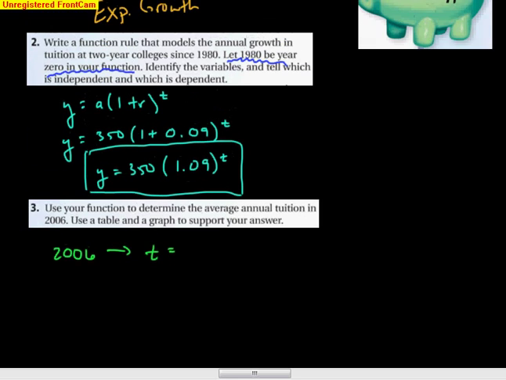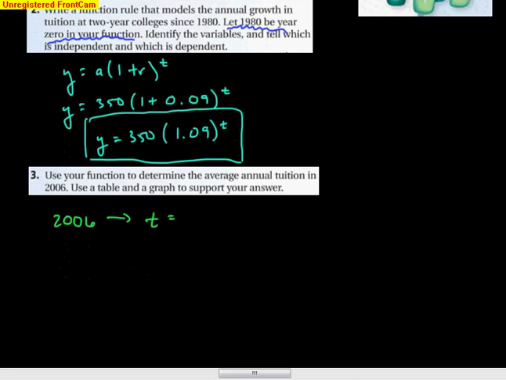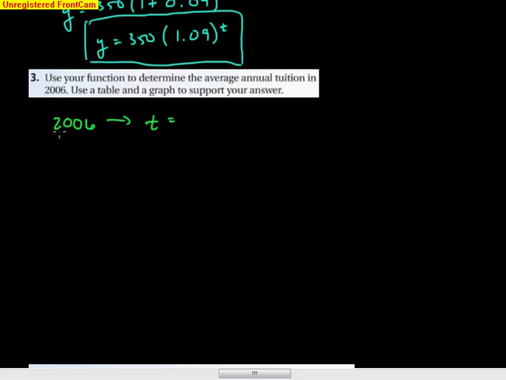Well, 1980 is going to be that number that we count from. So the question is, how far is 2006 from 1980? Well, we simply subtract them. So my t value is going to be 2006 minus 1980, which is 26.